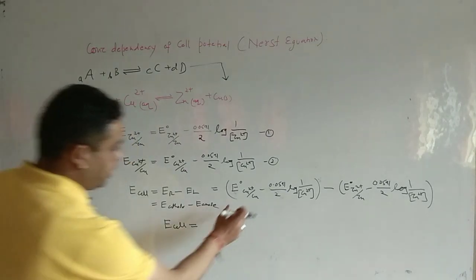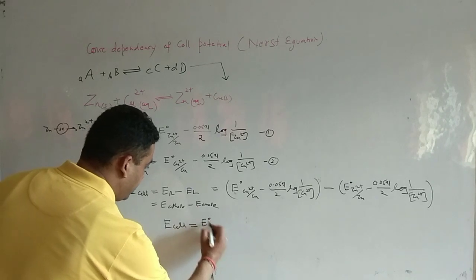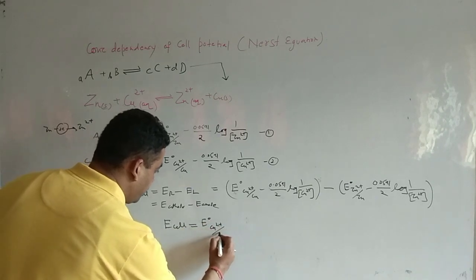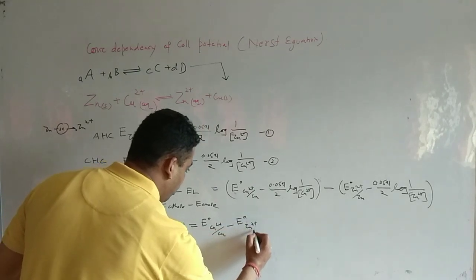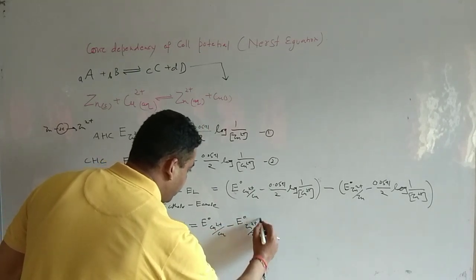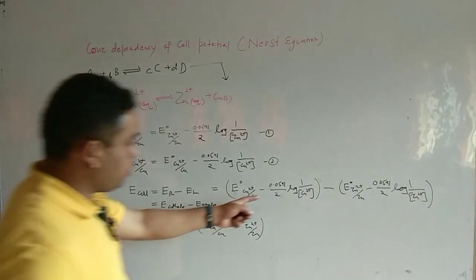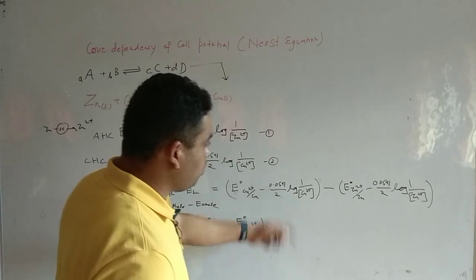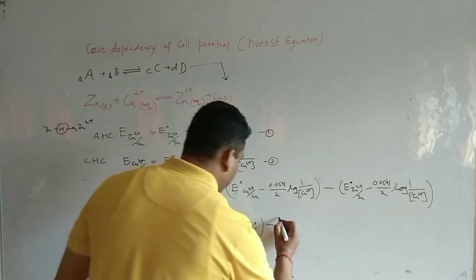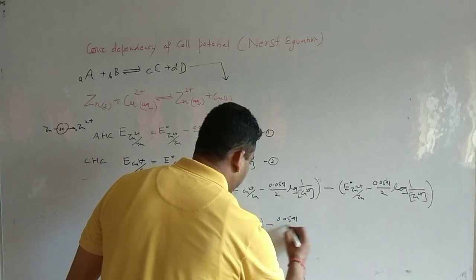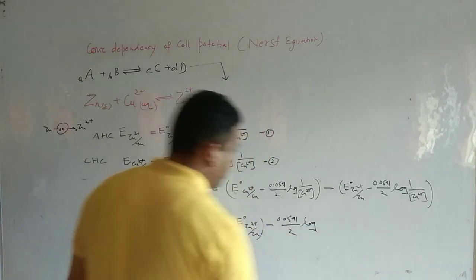What you can do, you can write E cathode minus E anode here. That is E standard for Cu2+ by Cu minus E standard Zn2+ by Zn. You can take this in the bracket, and you can take your 0.0591 by 2 as common, and then you can write your log expression.